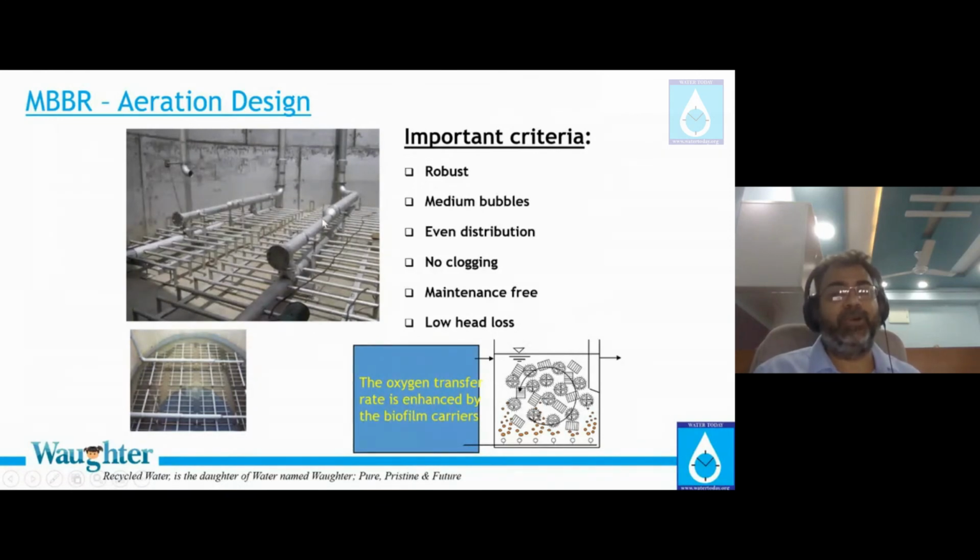Because if the media is not moving, and you are feeding water at, suppose, this place, let's say for simplicity this is where the feed is entering, though it is not entering here, then all the MBBR media in this section will get RBCOD, and the rest of the section will not get anything.